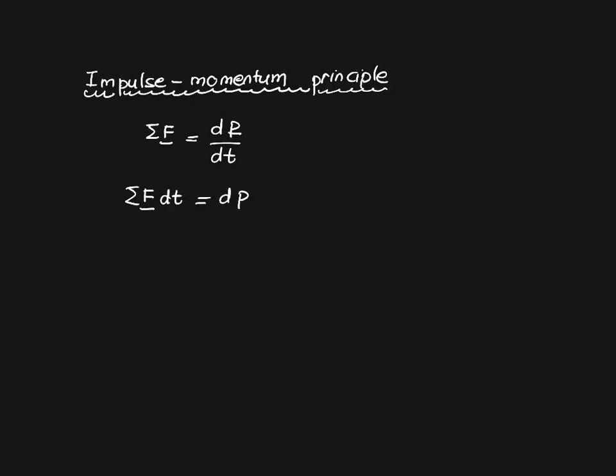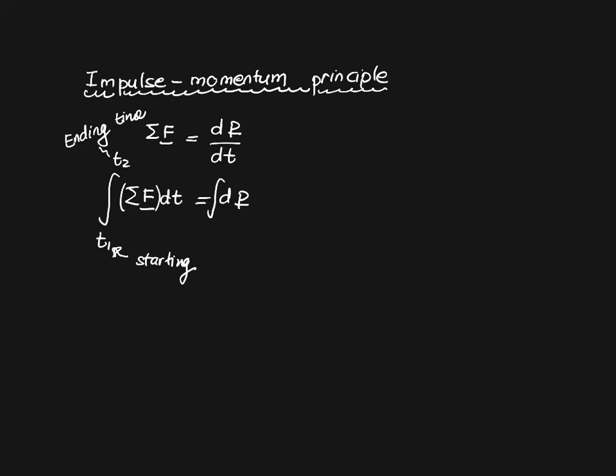So we have sigma F dt equals dp, and then we integrate on both sides, starting from the initial time to the final time. So this is the starting time that we consider the motion of the particle, and this is the ending time that we consider the motion of the particle.